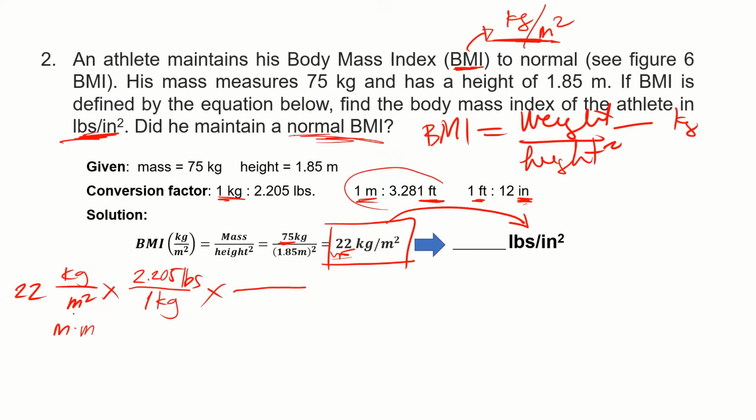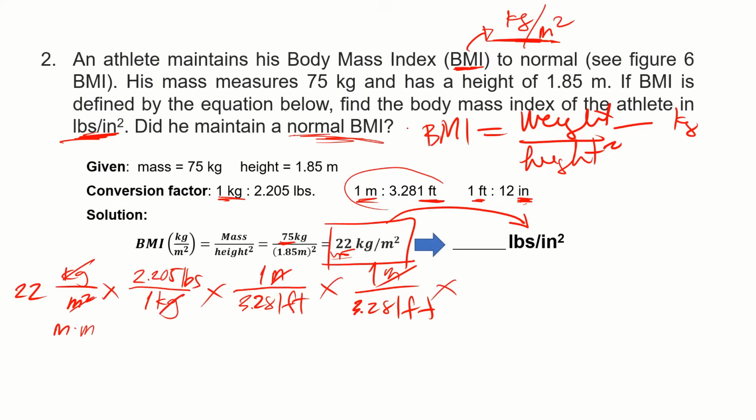So since nasa denominator siya, ilalagay natin si meter sa numerator and then feet at the denominator. And then again, 1 meter over 3.281 feet. So now we can cancel out meters and another meter. So dito, cancel out na din tong kilogram.